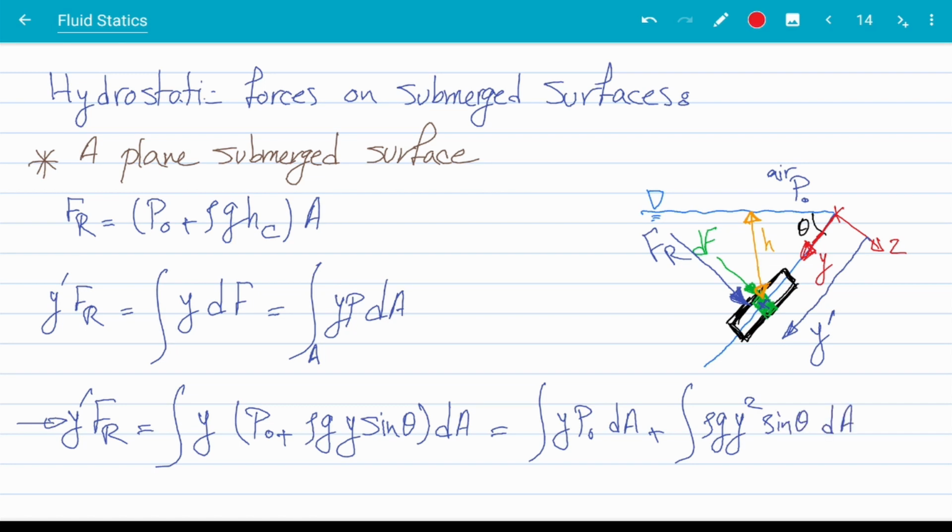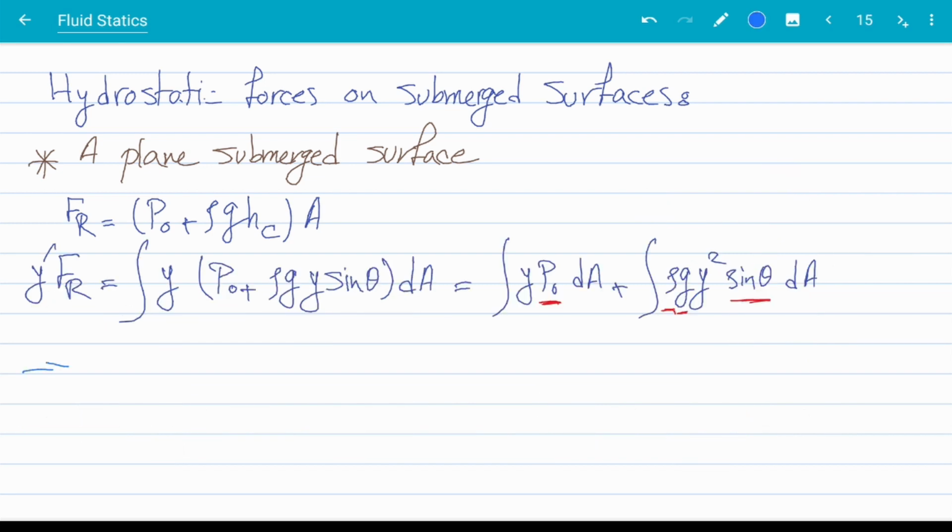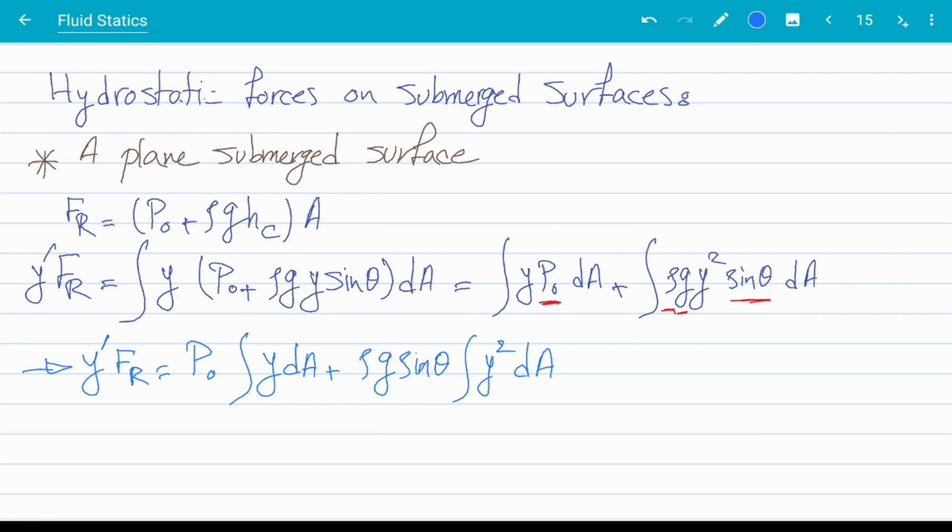Now again, P0 is a constant, so it can jump out of the integral. Rho, g, and sine theta are constants as well, so they can jump out of the integrals as well. Let's see what we can get. So y prime times Fr is equal to P0 integral of y dA plus rho g sine theta integral of y squared dA. Again, we have very important integrals here.